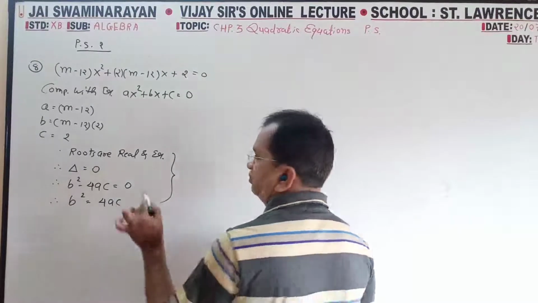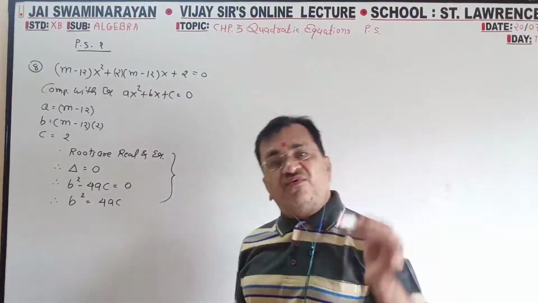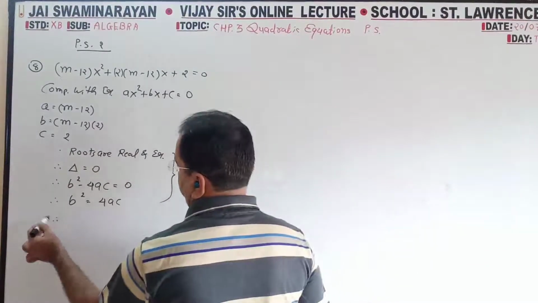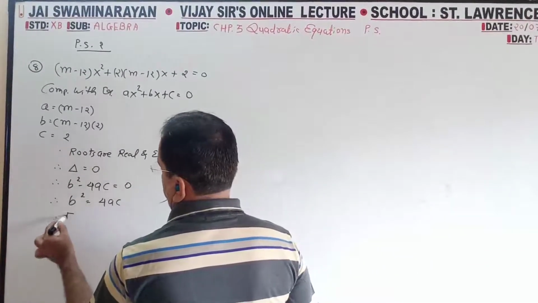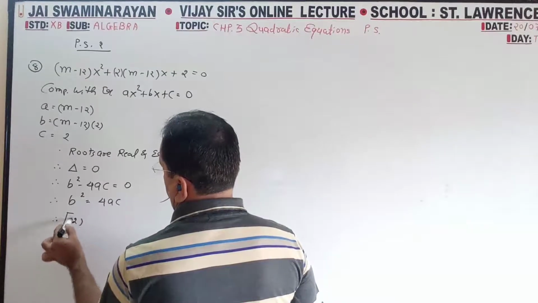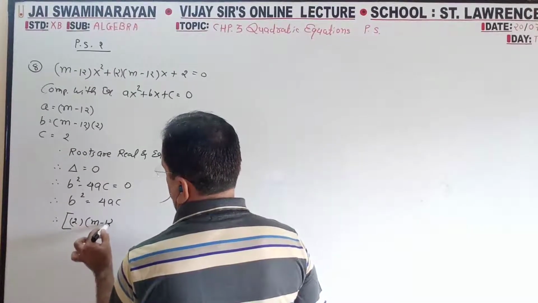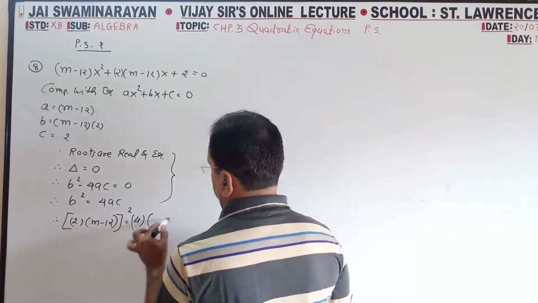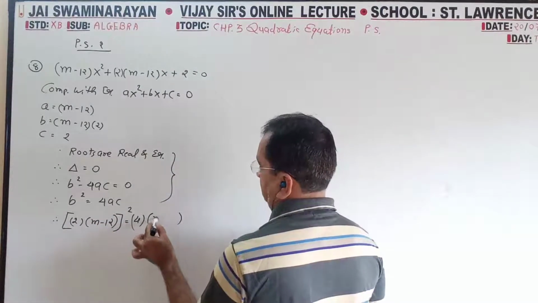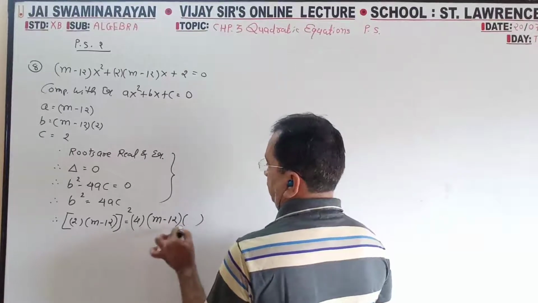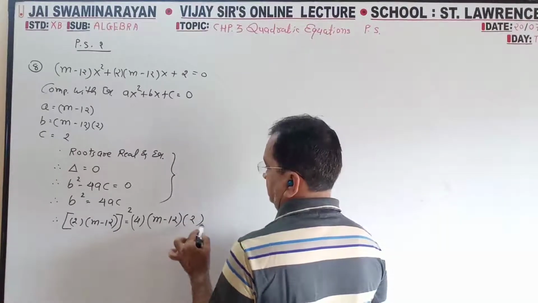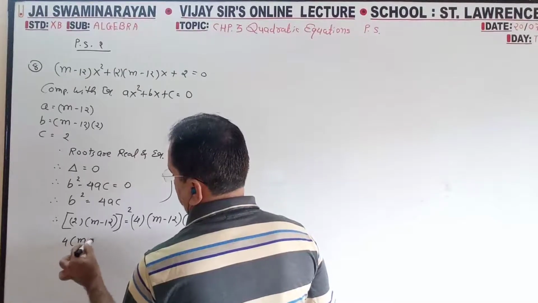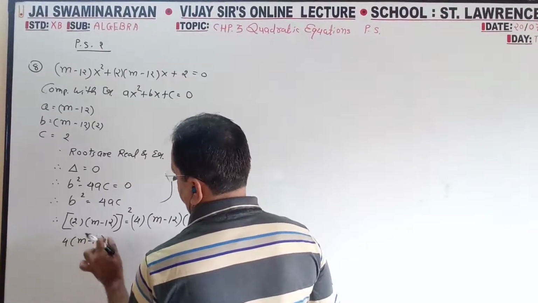These steps you have to write constantly for any question. Now the answer will start. b square, 2 times m minus 12, equal to 4. What is a? What is c? 2. m minus 12, I will write 2 times.